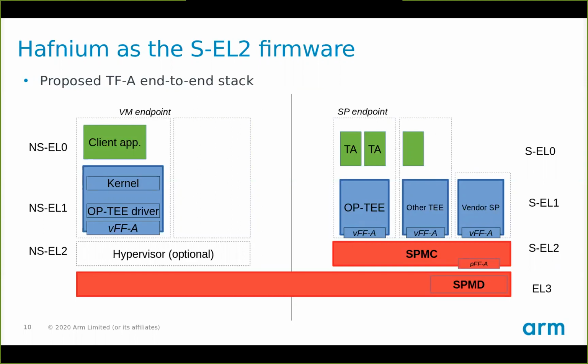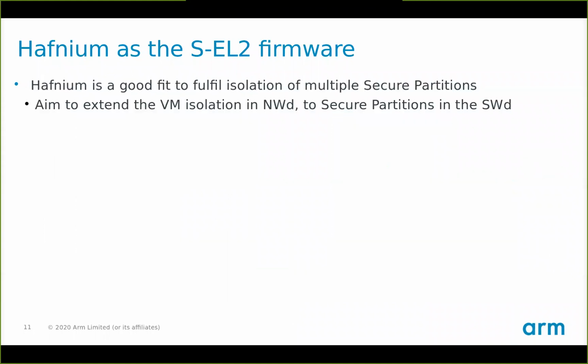And really the intent is to, as much as possible, move code out of the highly privileged EL3 to the lower exception levels. And all of those components would communicate through the FF-A protocol using the standard ABIs.